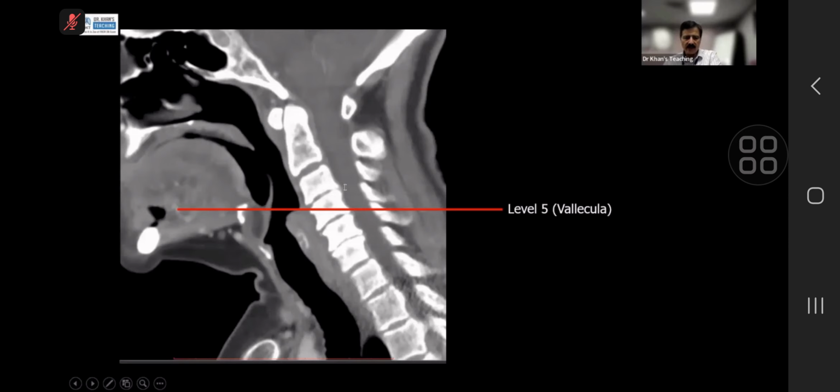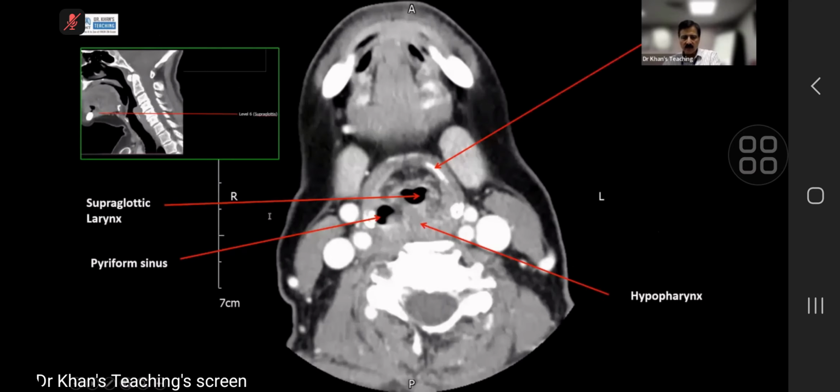The windowing here is close to bone window. You can see this low density. And this is the epiglottis. So point to remember, anterior to the epiglottis is fat, and we call it pre-epiglottic fat. It's a landmark type of a thing, particularly on laryngeal imaging. So let's go to the next slice.